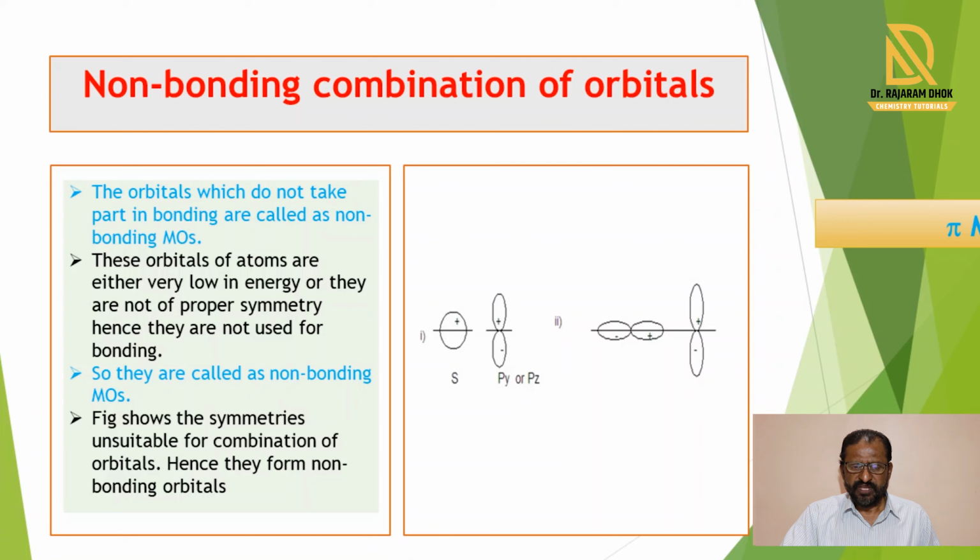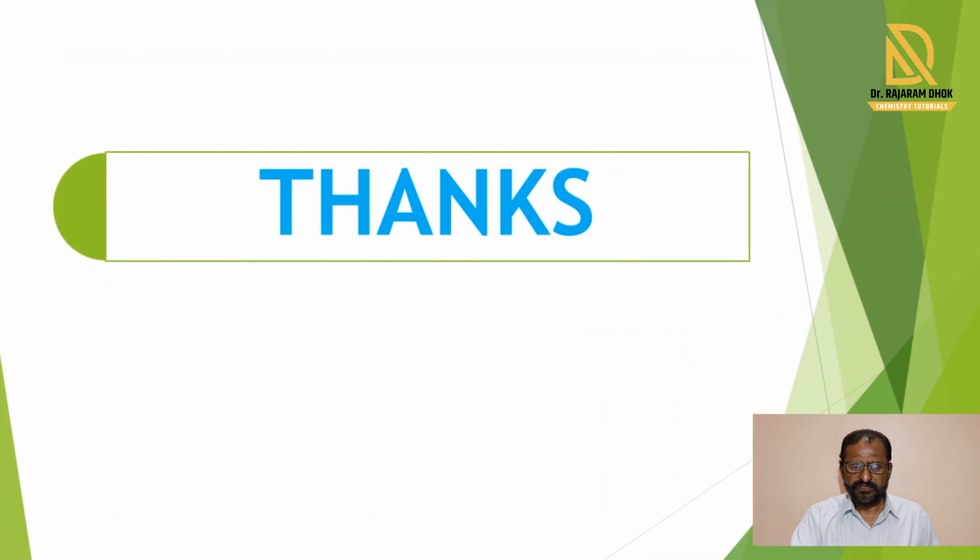So attraction and repulsion are equal: 50% attraction and 50% repulsion. The net result is that no bond is formed, and that is called a non-bonding molecular orbital. In this way, the combination of different atomic orbitals forms bonding molecular orbitals, anti-bonding molecular orbitals, and non-bonding molecular orbitals.